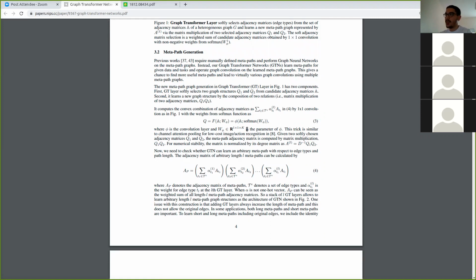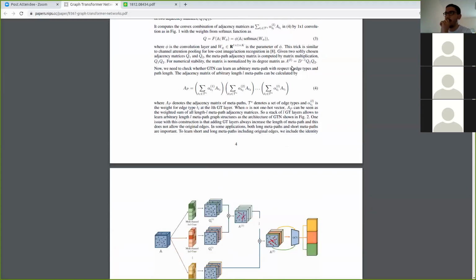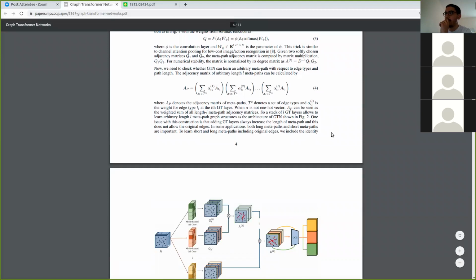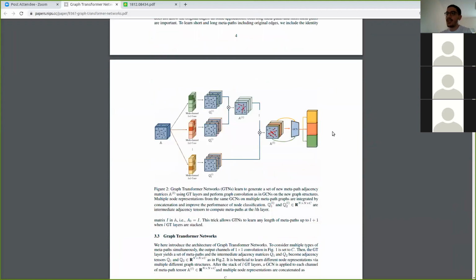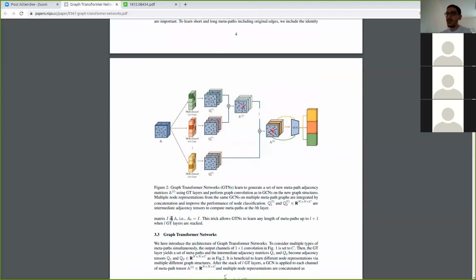So if this is for one layer, then this matrix multiplication is repeated across all of your layers, and they do something with adding the identity matrix to the collection.